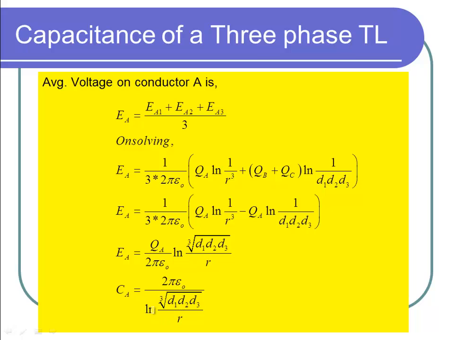Because in capacitance calculation we will not use any effective radius; that effective radius is because of magnetic flux linkage, because of skin effect. Here there is no skin effect. When we are talking about capacitance, we are only considering the outermost part of the conductor from r to infinity. So it's purely an electrostatic field, but that one is because of the electromagnetic field.